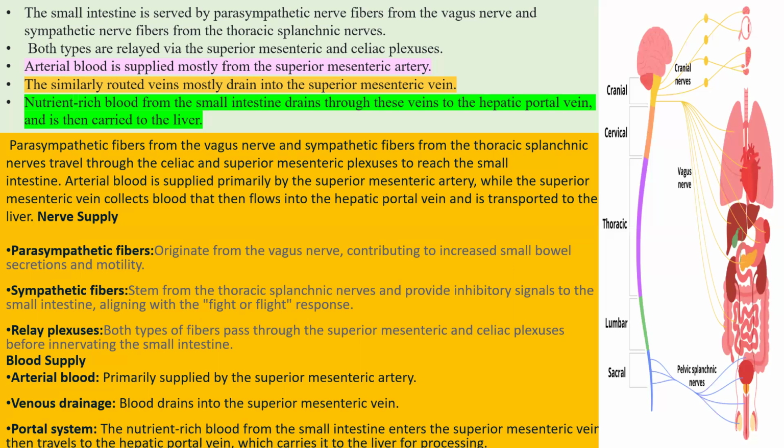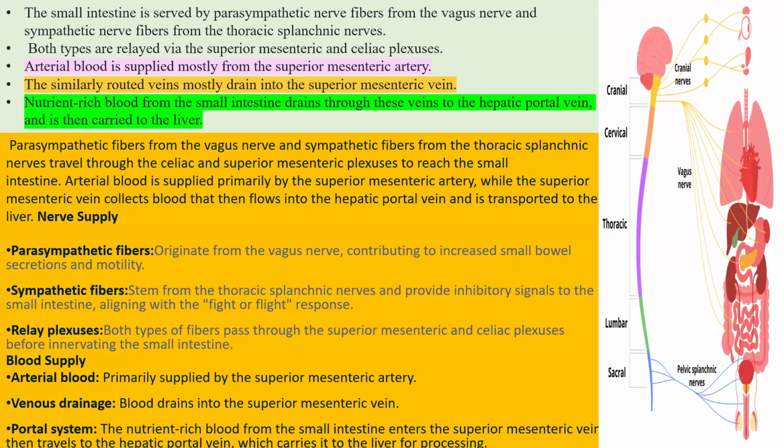Both types of fibers, parasympathetic and sympathetic, pass through the superior mesenteric and celiac plexus before innervating the small intestine. So, arterial blood supply is by the superior mesenteric artery, and venous drainage is into the superior mesenteric vein.